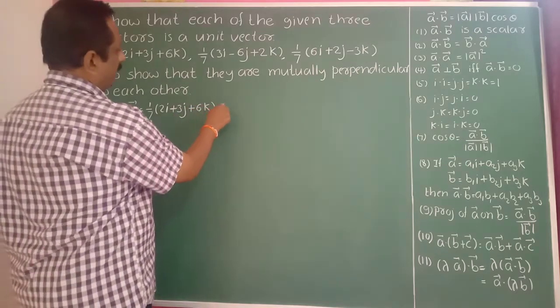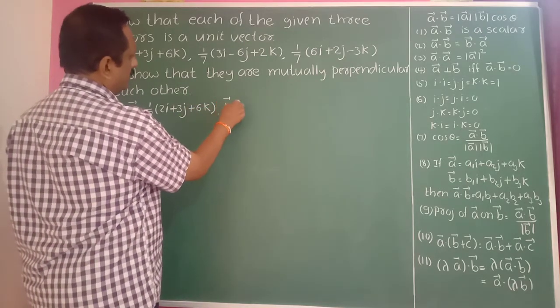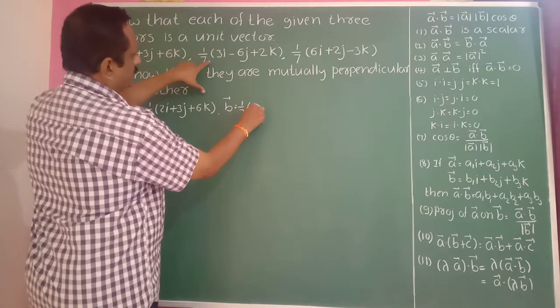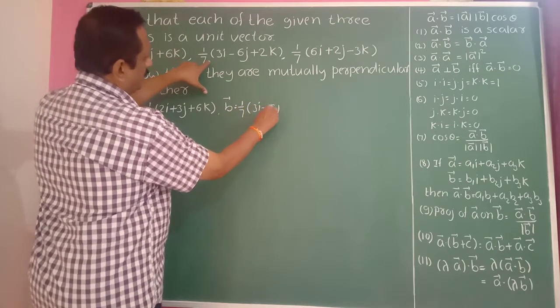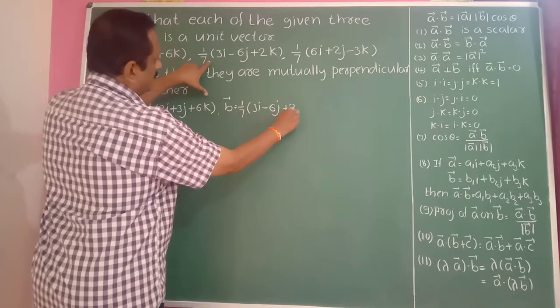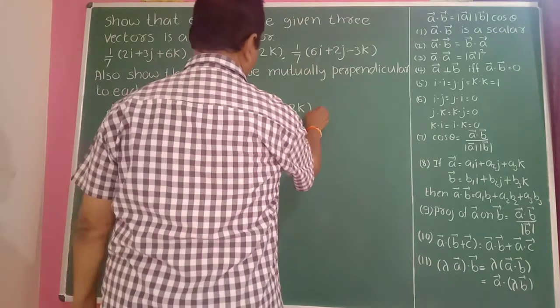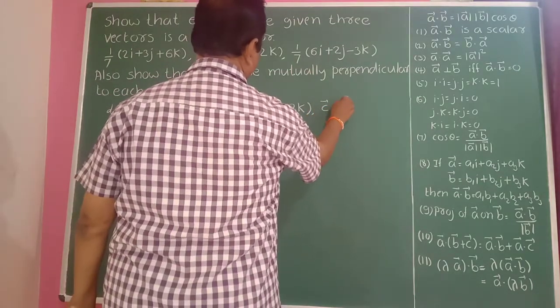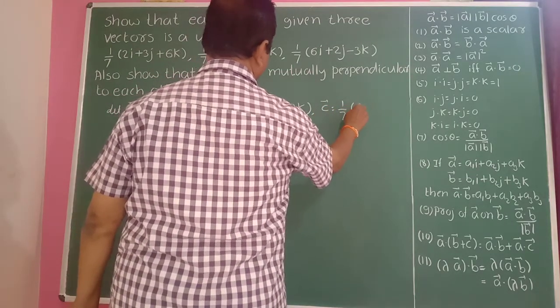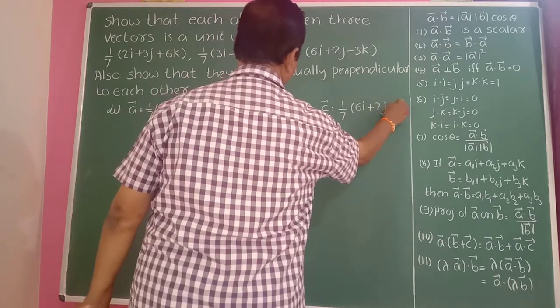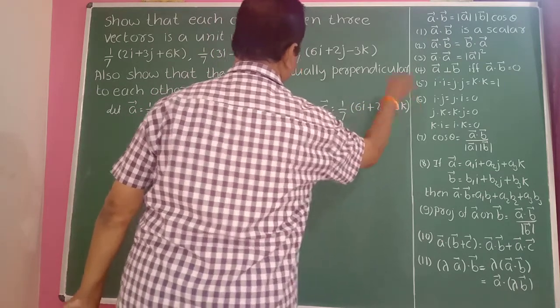The vector b bar is 1 upon 7 into 3i minus 6j plus 2k. Similarly, the vector c bar is 1 upon 7 into 6i plus 2j minus 3k.